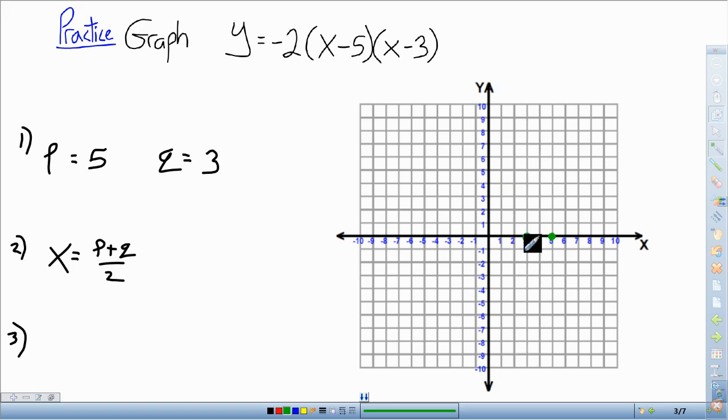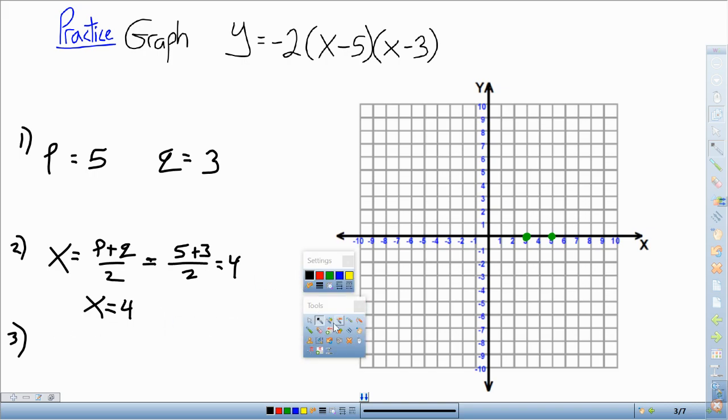If I knew that and recognized it, I could probably just guess that my axis of symmetry is going to be a +4. Okay, but let's show in our notes that, yeah, if we plug in these numbers, 5 plus 3, and divide by 2, we get 8 divided by 2, which, yeah, is 4. Okay, so yeah, there's my axis of symmetry cutting down.